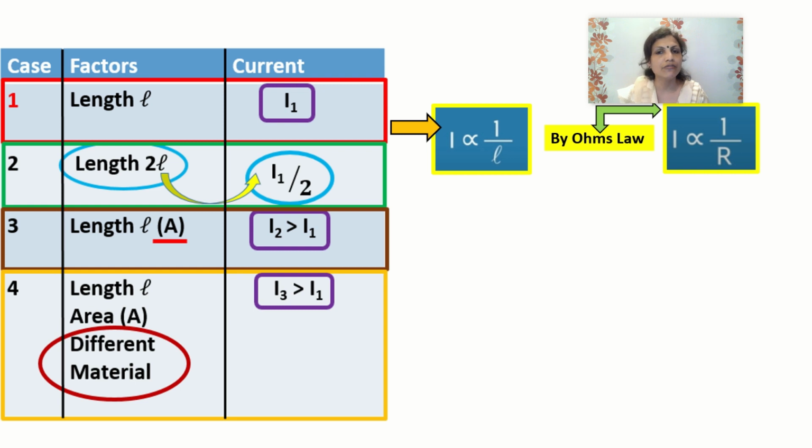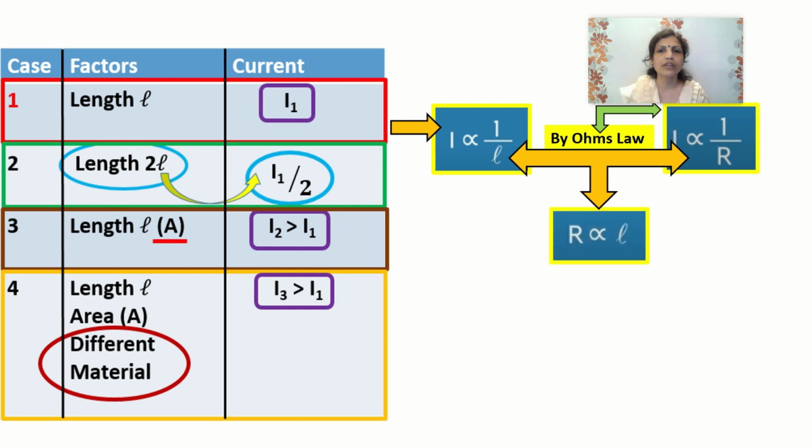Now if we combine these two, I inversely proportional to L and I inversely proportional to R, what we get is that the resistance of the conductor is directly proportional to the length of the conductor. So in the second case, when we increased the length, the value of the current reduced because there was more resistance. More the length, more is the resistance.